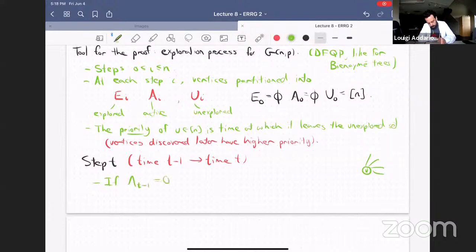So if this is non-empty, then we'll let V_t be the element of A_{t-1} with highest priority. And the tie-breaking rule is, as usual, smallest label.